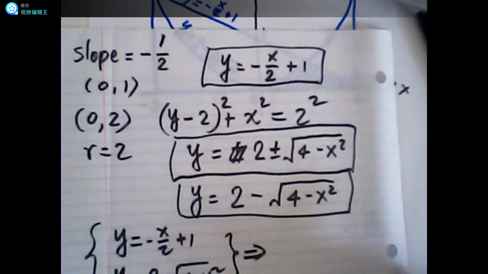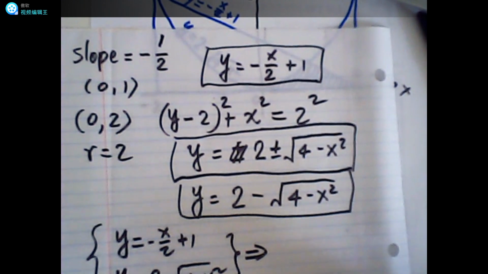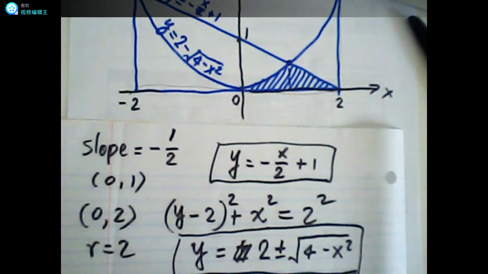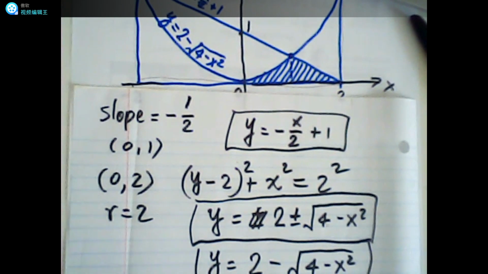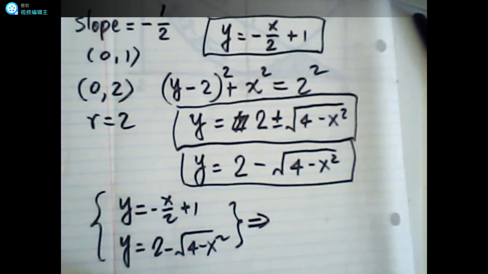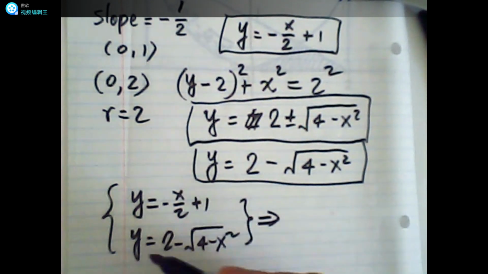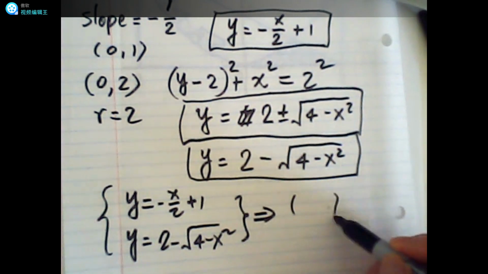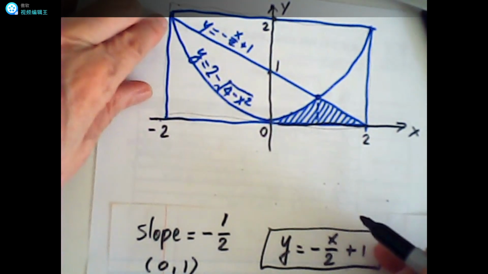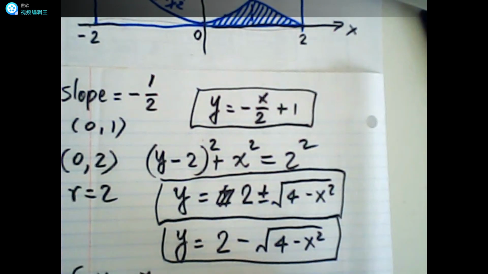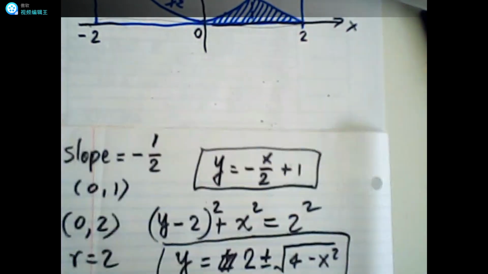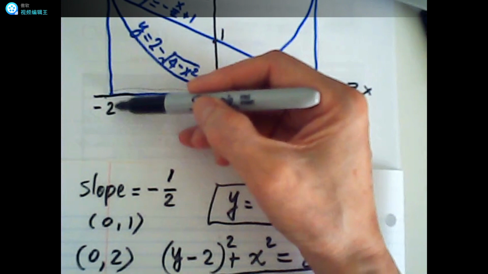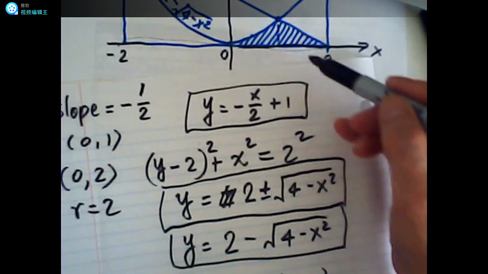I don't want to spend time solving the equations. I think you can easily find the intersecting points. I believe this is the point: negative 2 and 2 is an intersection point.